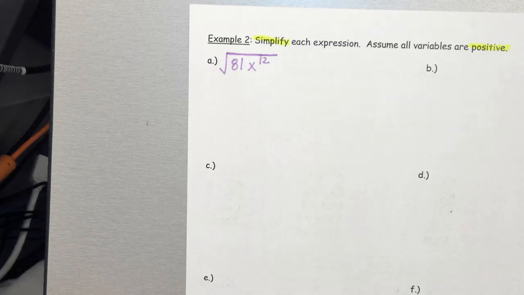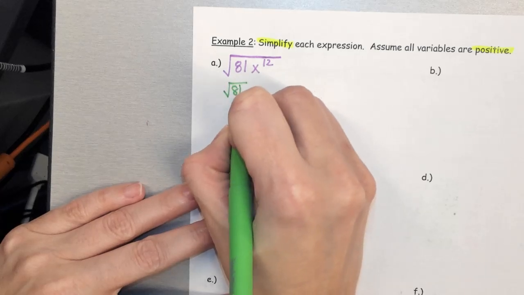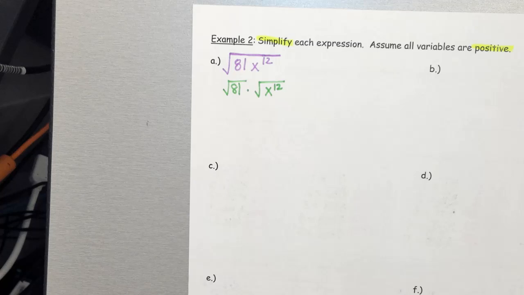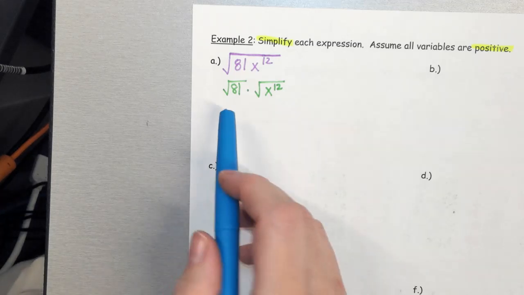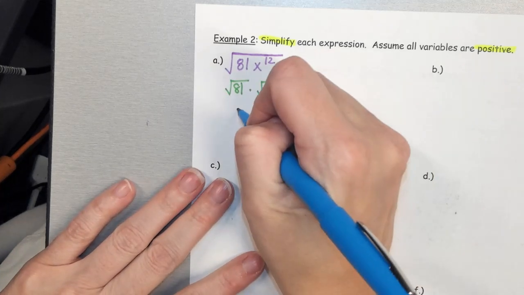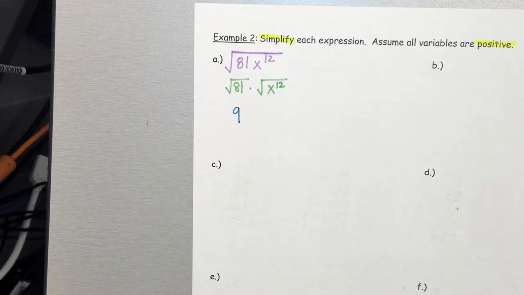Okay, and then what we can do is we can split this up into the square root of 81 times the square root of x to the 12. Okay, so 81, we know that. What's the square root of 81? 9.